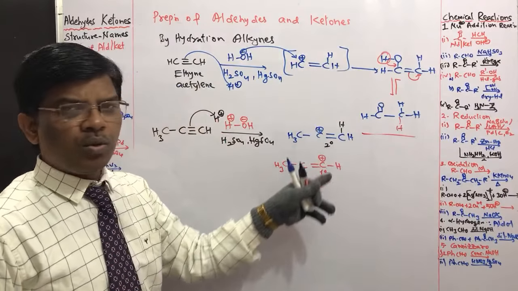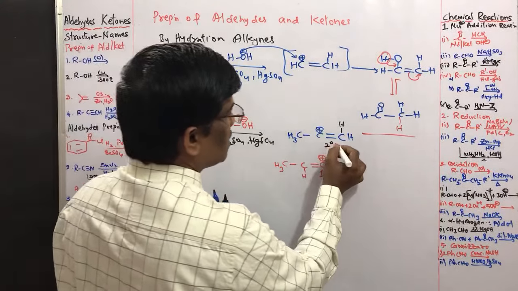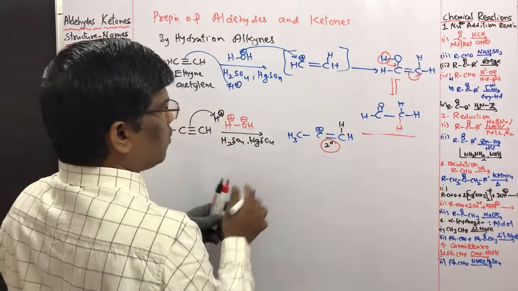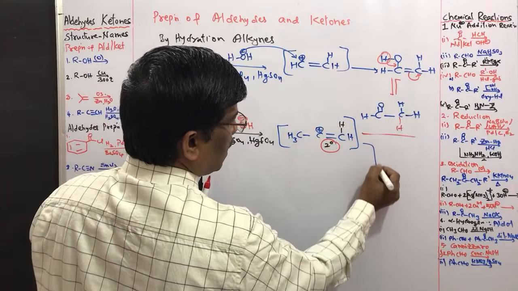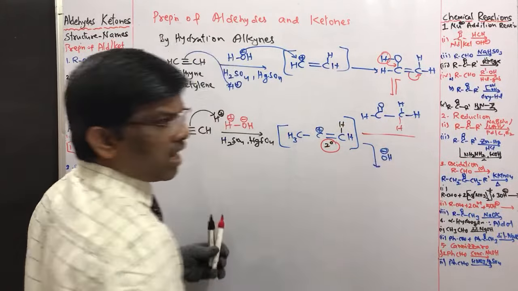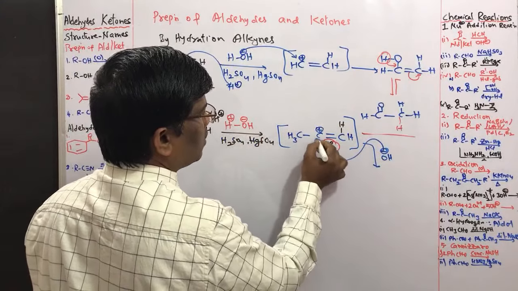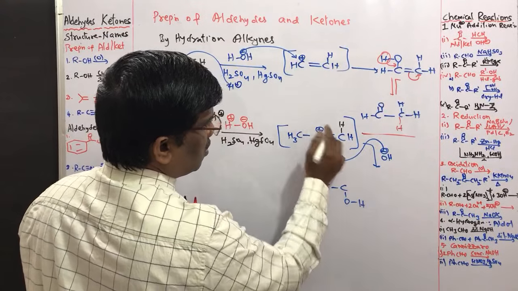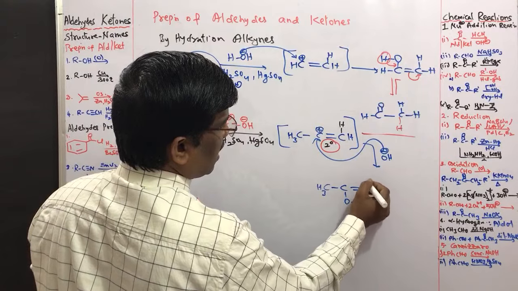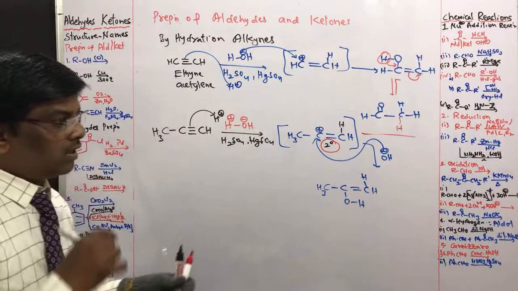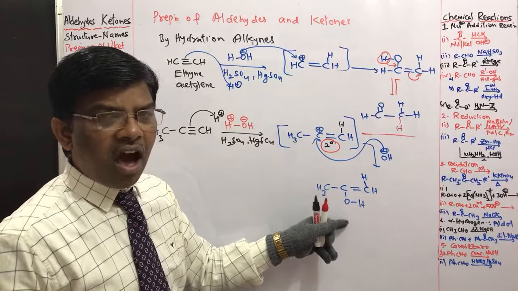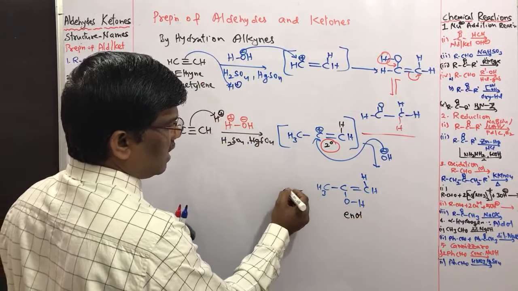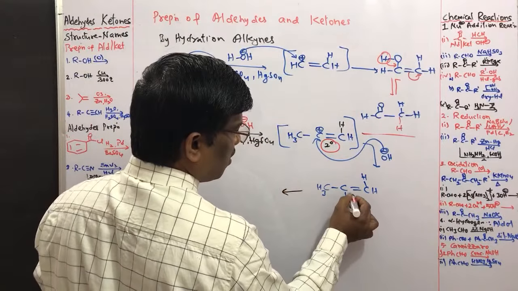Among these two carbocations, the secondary carbocation is more stable, so it is formed as the major one. It takes the nucleophile, that is OH, which is there in the reaction mixture, added to this carbon to give a double bond CH, and already one hydrogen is there. So what is this? Enol. The common name of this type of compound is enol, and these enols are nothing but tautomers of ketones.